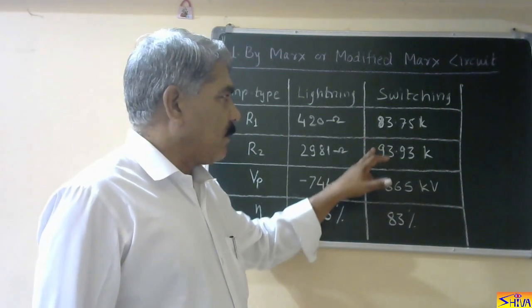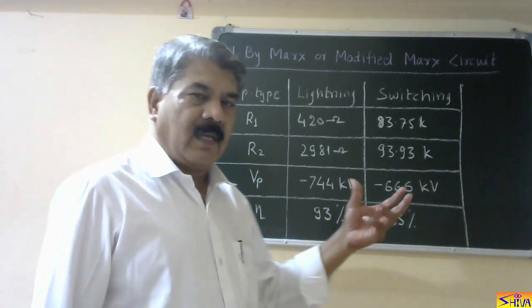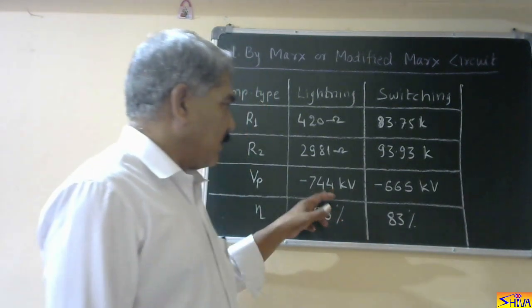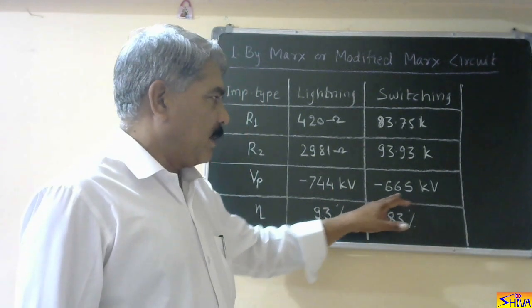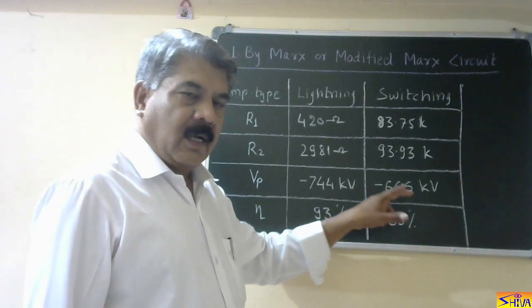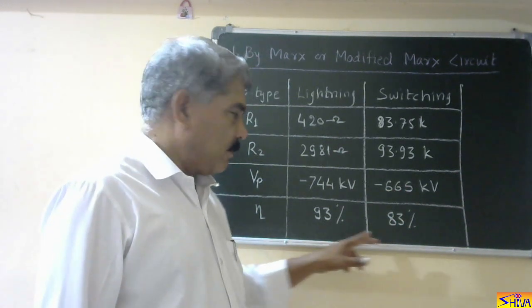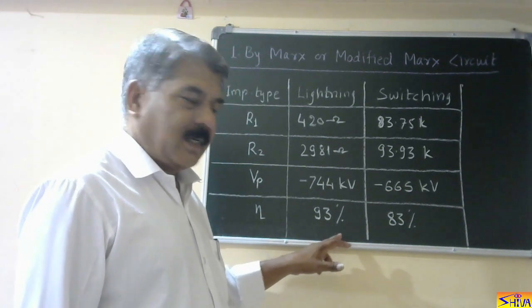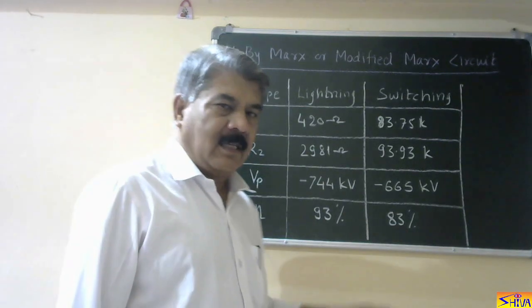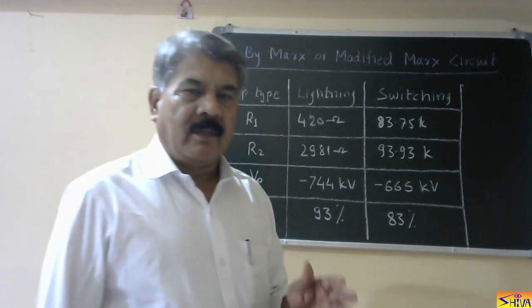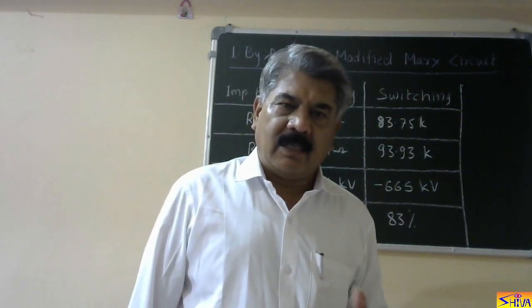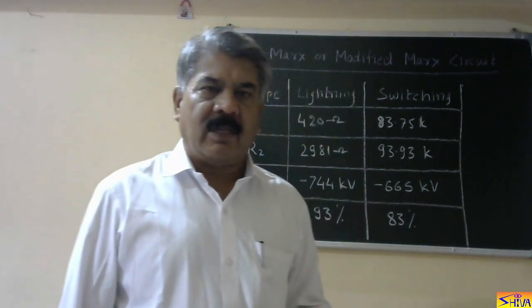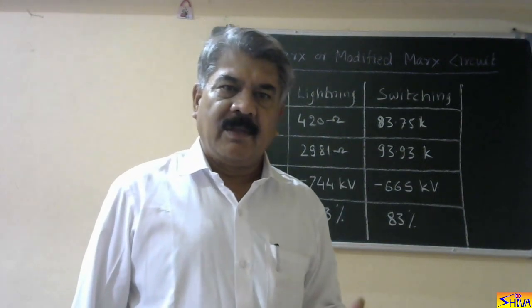Due to the higher value of R1 and R2, there will be voltage drop. Therefore the peak value generated is reduced, and therefore the efficiency is reduced. With lightning impulse it is 93%, with switching impulse it is 83%. So we can use the same circuit for generating the switching impulse also, but the efficiency reduces and peak value generated with the same parameters is reduced.